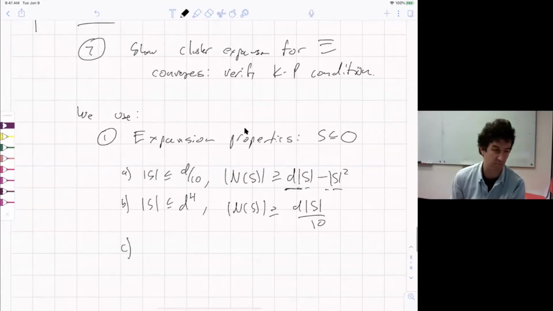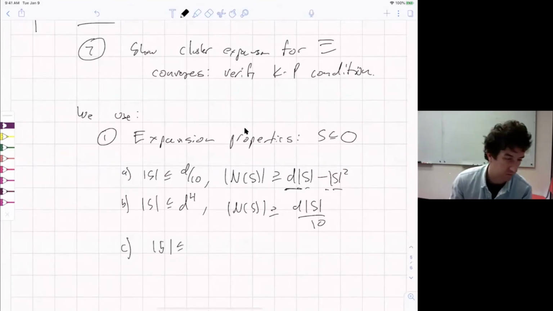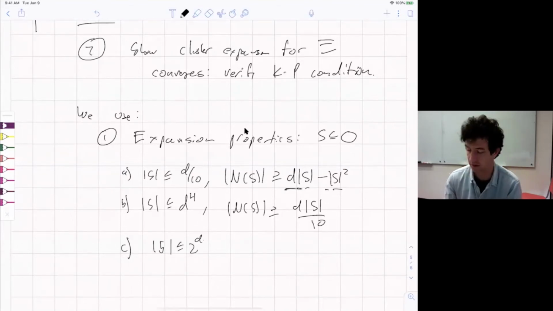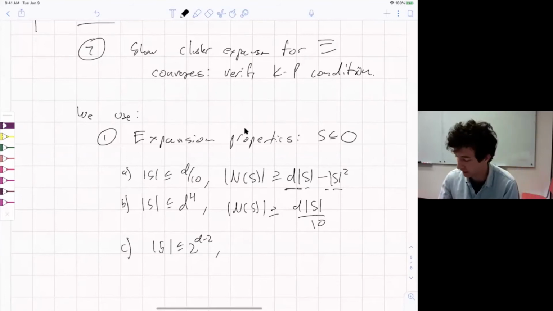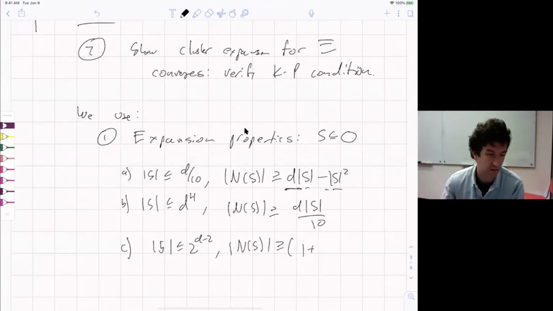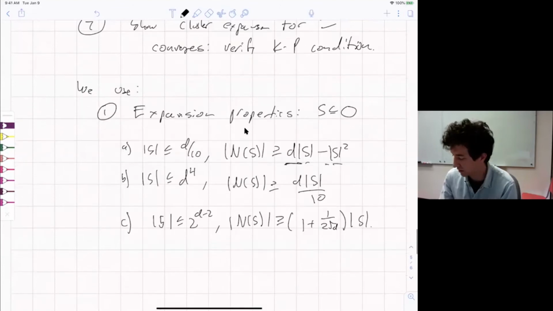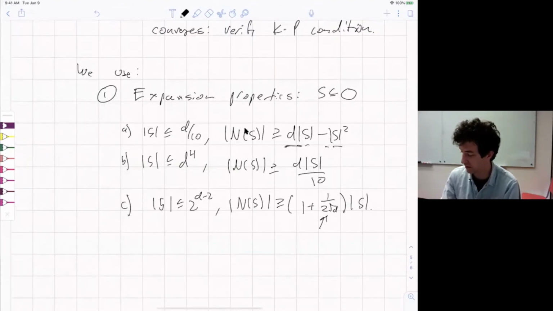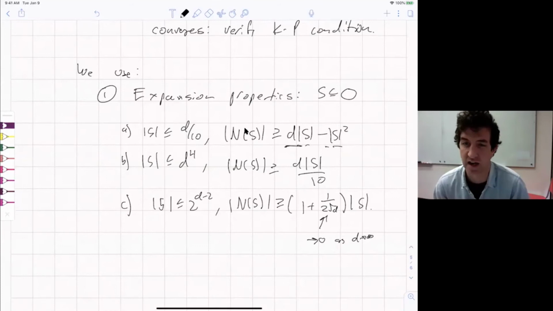And the third expansion property is if the size of S is at most 2^(d-2), so half the size of the odds, then you get some very weak expansion guarantee. So the size of the neighborhood is at least (1 + 1/(2√d)) times the size of S. Of course, this factor goes to 0 as d gets large, but it's important that it at least goes to 0 like this and is not literally 0.